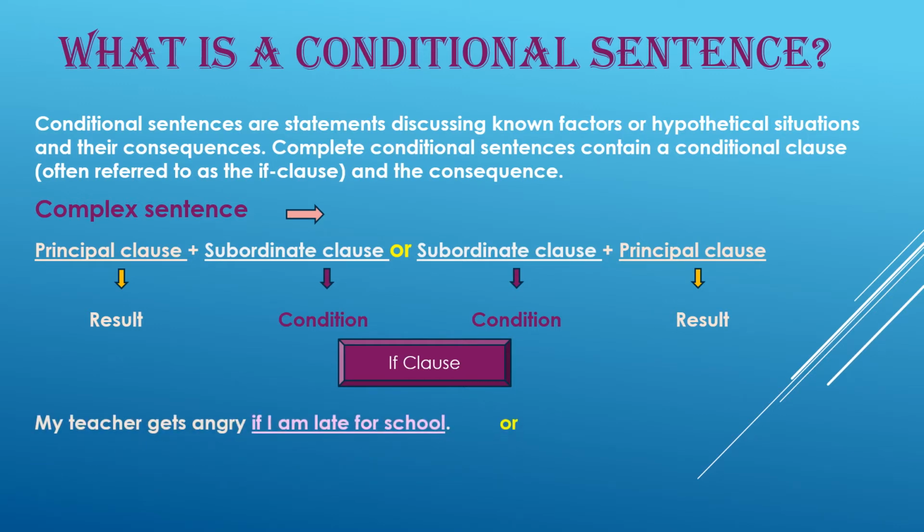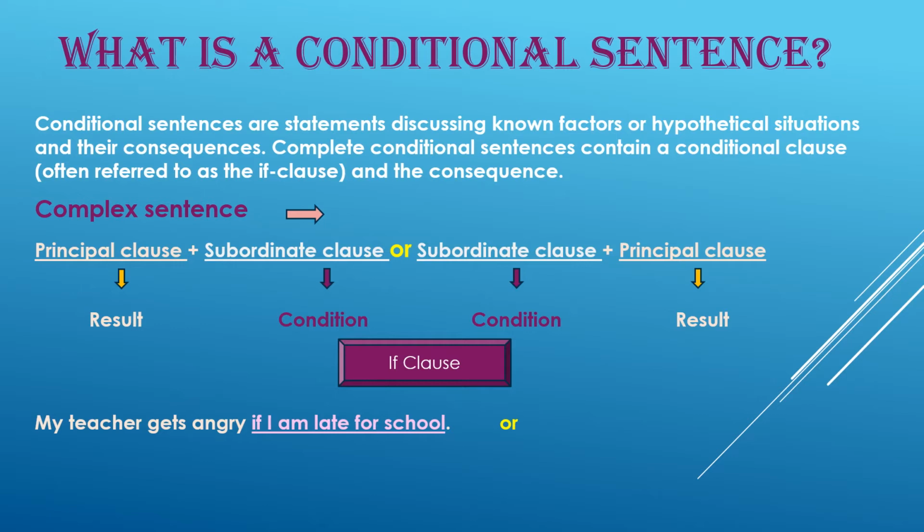For example, my teacher gets angry if I am late for school. Here, my teacher gets angry. This clause is the principal clause because this is complete in its sense. But if I am late for school, this is the subordinate clause or the dependent clause, and this is not complete in its sense.